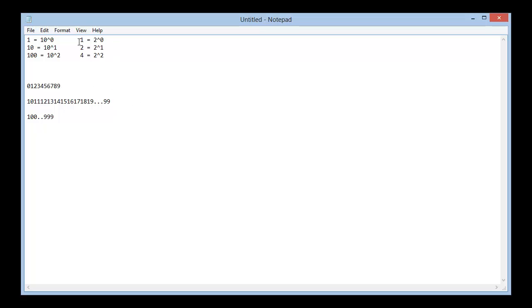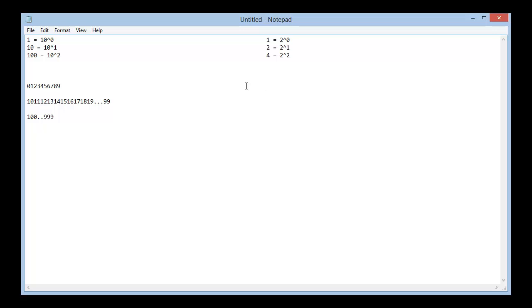Now, I'm going to show you how this works as well. Let's move this over here so it's a little easier to make a distinction between the two areas. When you're doing binary, remember, it's 0 up to your base number minus 1, because when you get to the base number, you're moving up to another place.